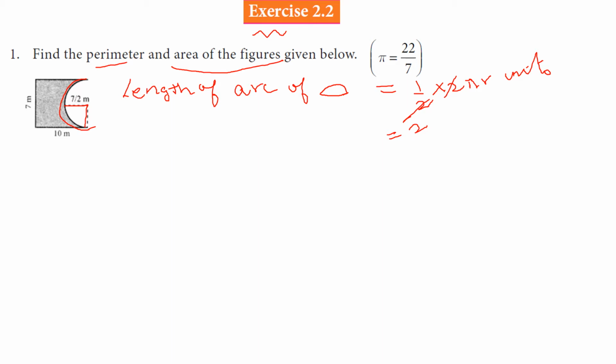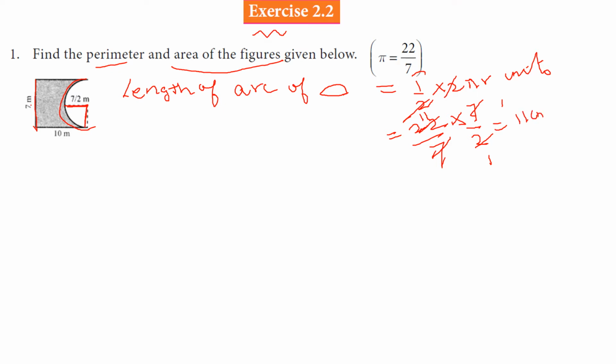Here the full length is 7, and the radius is half of that, so 7/2 is the radius. Cancel one time and here also cancel. So we get 11.